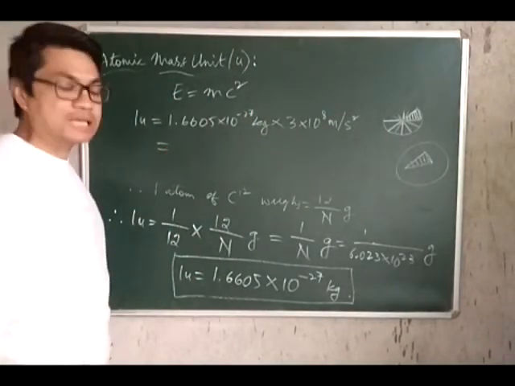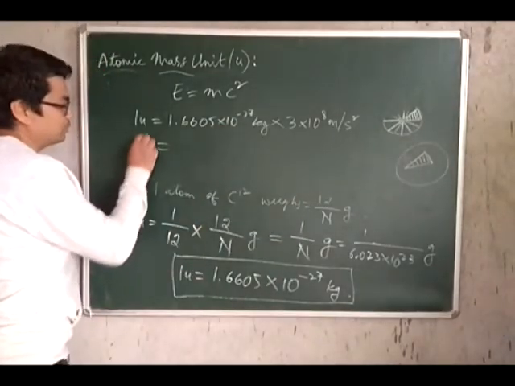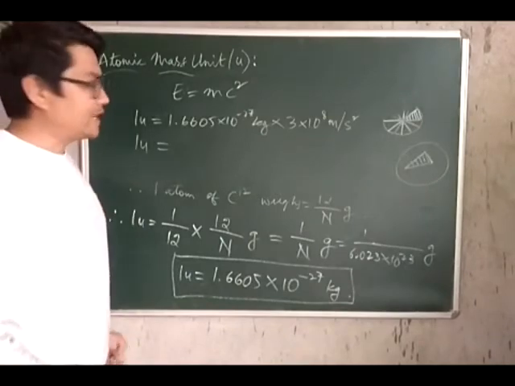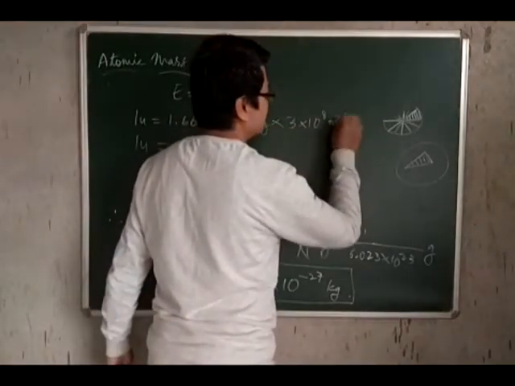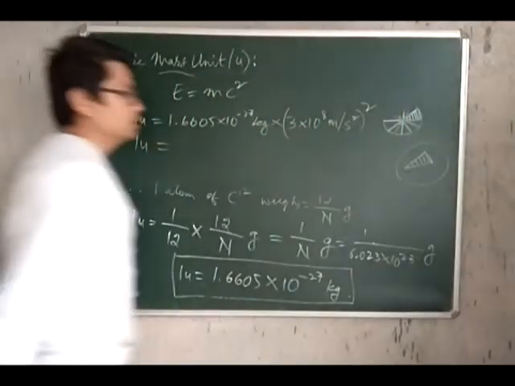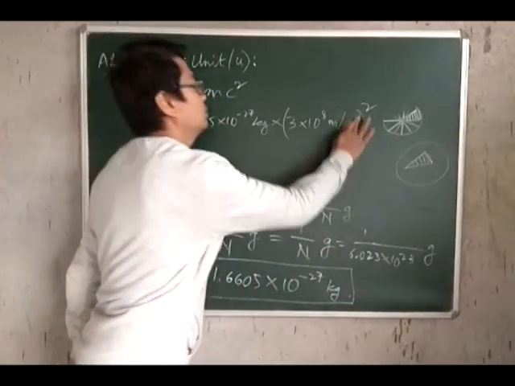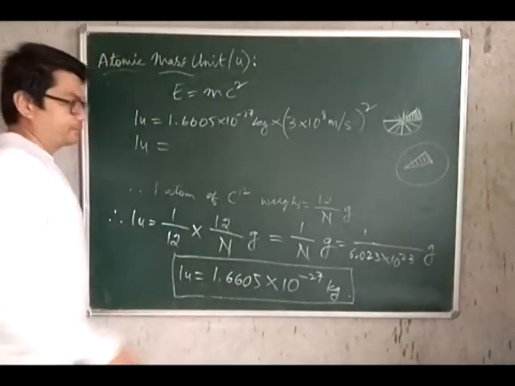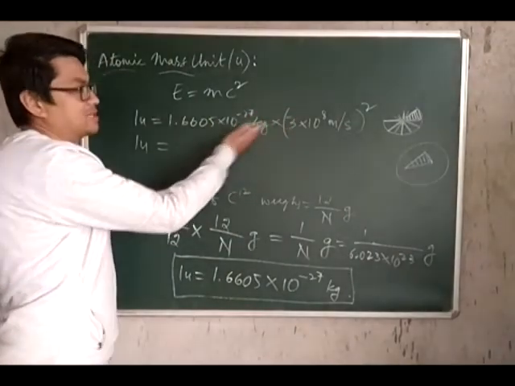I wish I had a calculator so that I could calculate it for you. Now you do the calculations, and of course this will be meter per second, whole square.